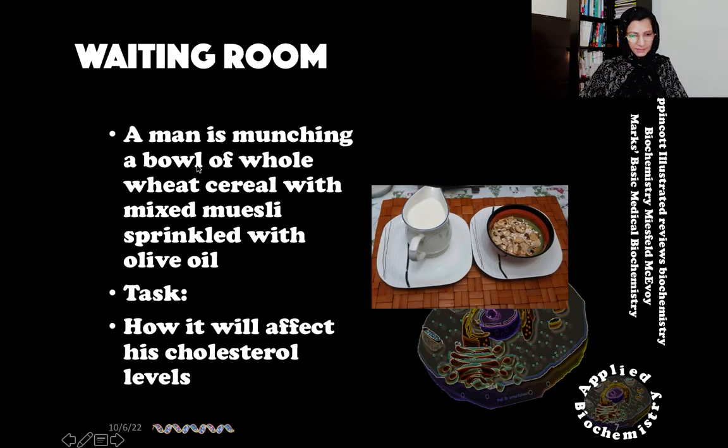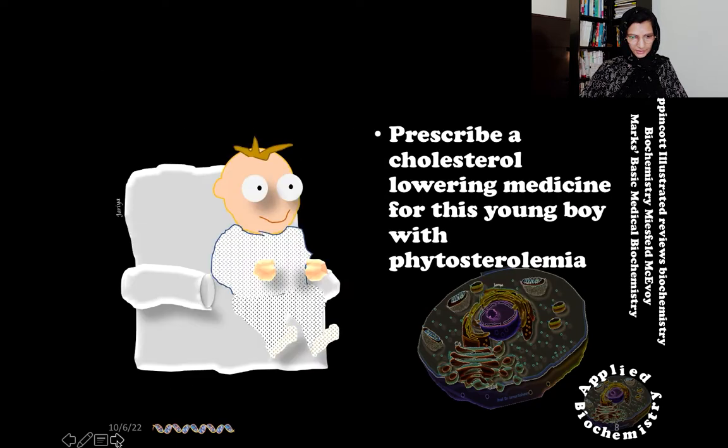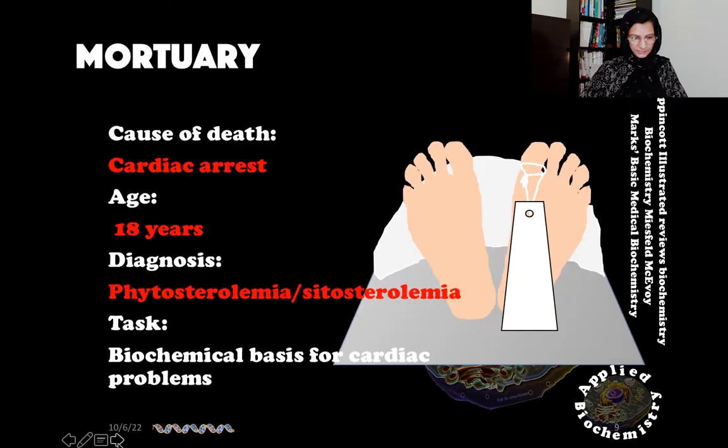Then there is a man munching a bowl of whole wheat cereal sprinkled with olive oil, and you are required to find how it is going to affect his cholesterol levels. Next is a boy, a diagnosed case of phytosterolemia, and you are required to prescribe him some medicine.